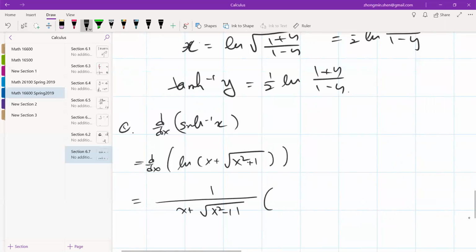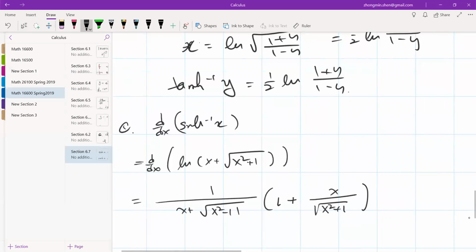Then you have the derivative of the inside, 1 plus something. When you differentiate the square root of x squared plus 1, you will get x over the square root of x squared plus 1.